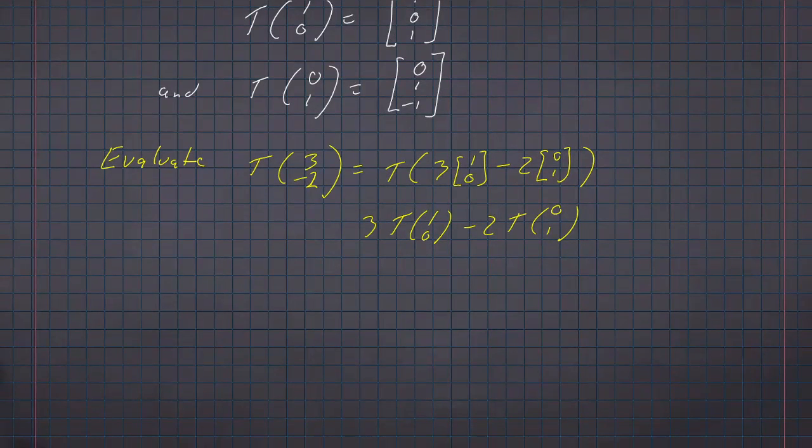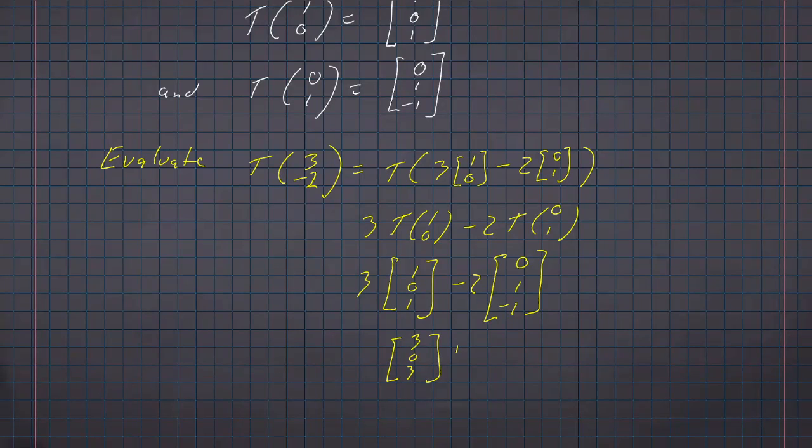T of (1, 0) is (1, 0, 1). T of (0, 1) is (0, 1, -1). And now it's just some arithmetic on vectors. I get that the result here is (3, -2, 5).